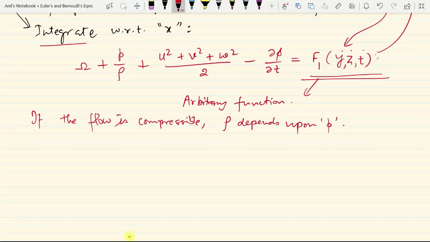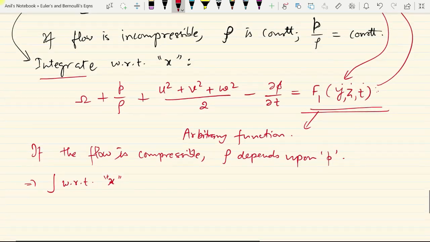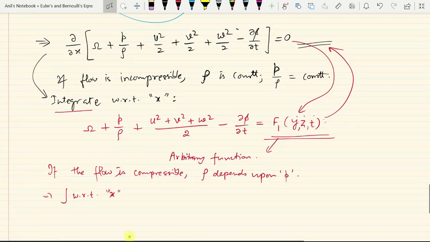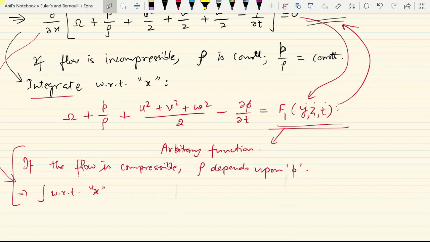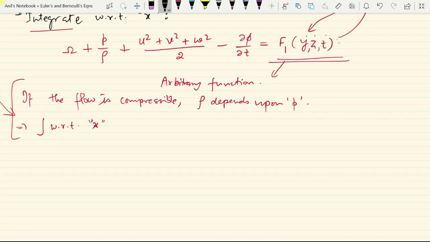So in that case, integration with respect to x of the original equation will give us a new equation, and that can be written as omega plus integration of dp by rho.